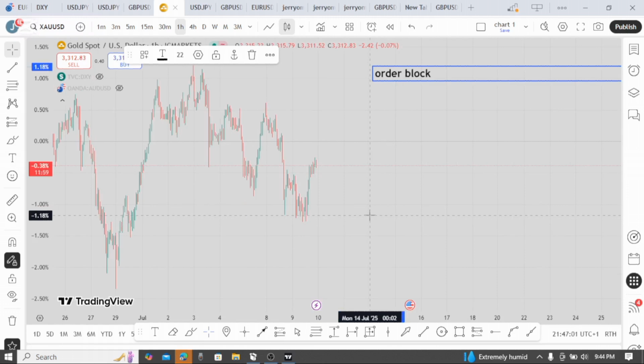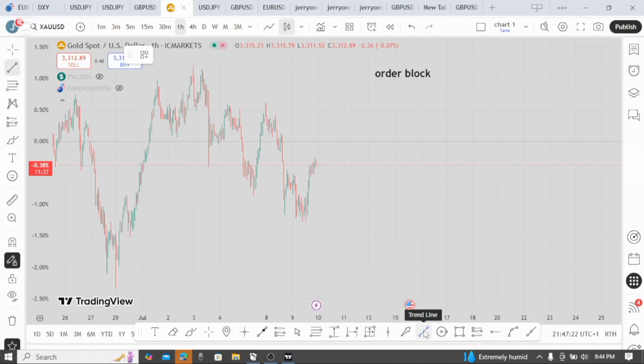An order block is agreed to be one of the basic places where liquidity resides. It has been proven to be one of the basic zones that institutions take as a place where liquidity resides.